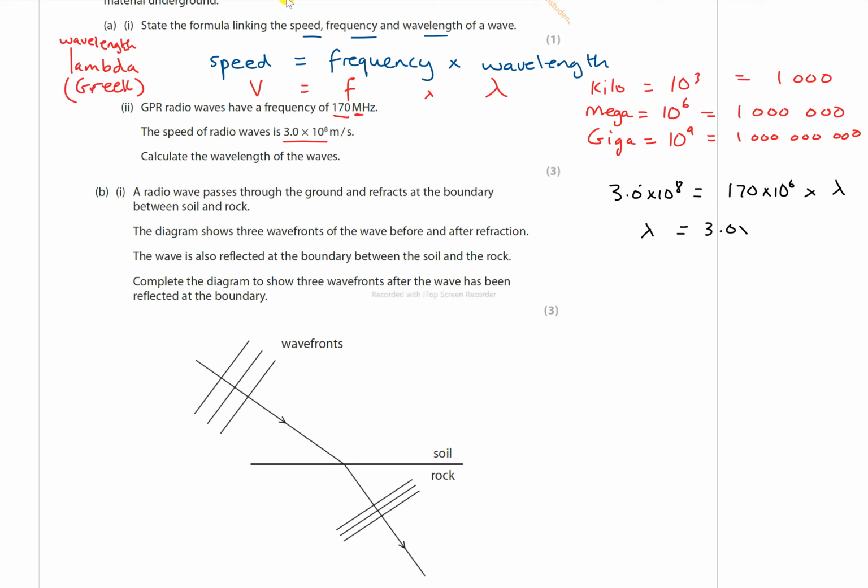Remember, in physics they like to see this part. Then the answer is 1.8 meters. So look at this carefully: the original equation, the equation substituted with the numbers, rearranged, and then the answer. Otherwise you lose method marks.